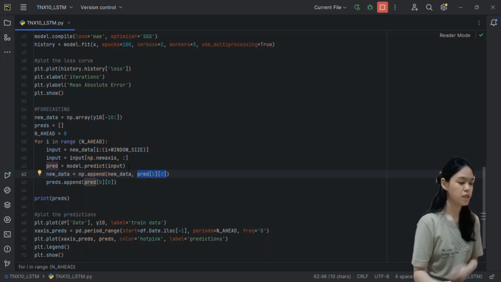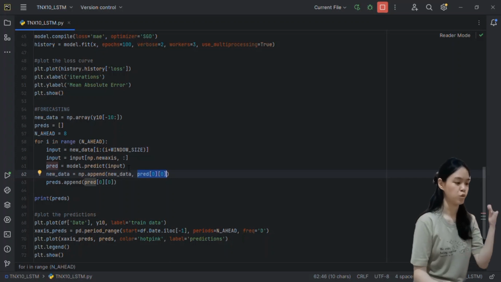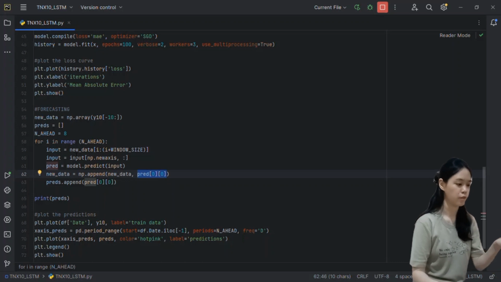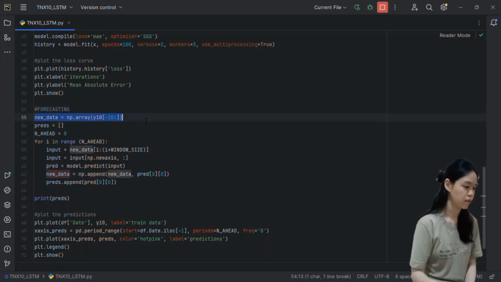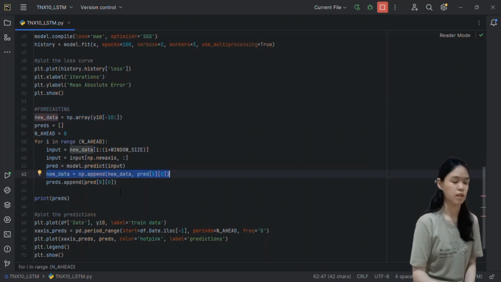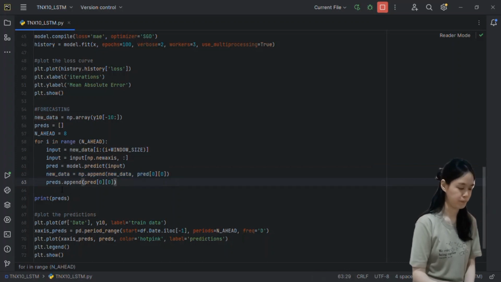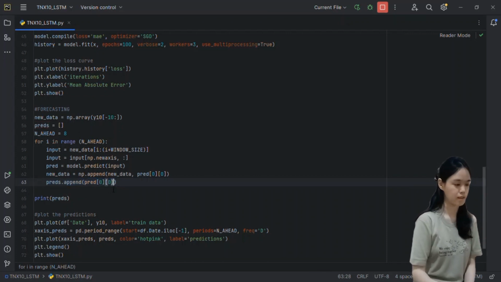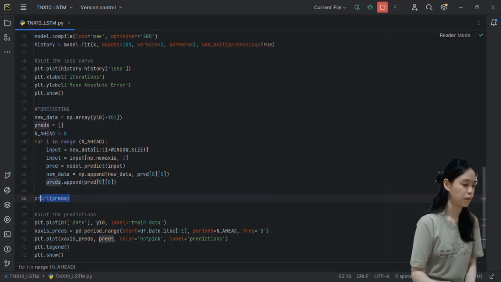So anyway, the predicted data would be appended to the new data, so that at the first iteration, it will have 11 data points. You see, at first it has only 10 data, but after the first iteration, it will have 1 additional data. And then we store the prediction again to the preds list. And then we will print it.